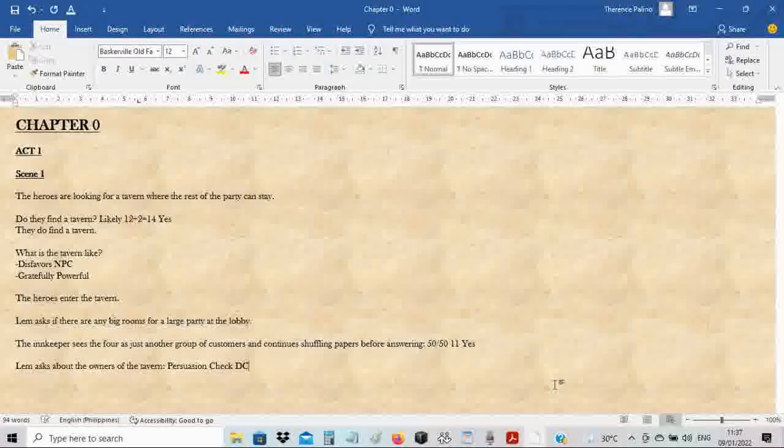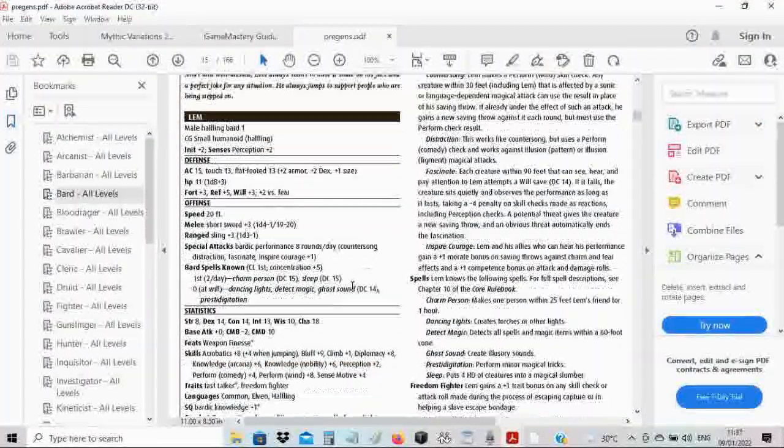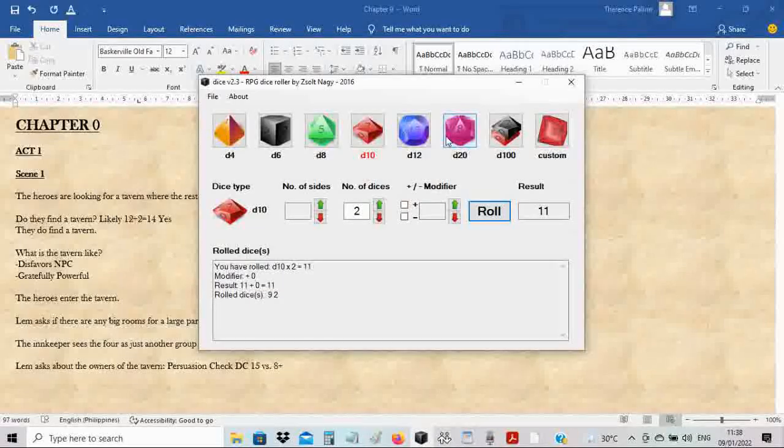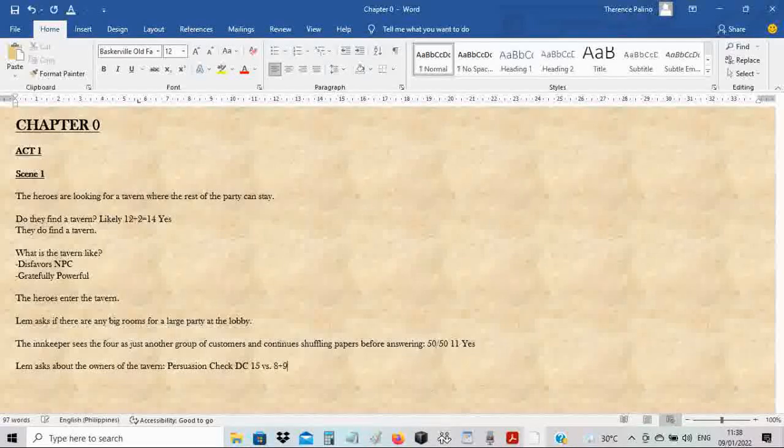So I'd go with a DC 15, because maybe the guy has something to hide. Let's see, his skill for diplomacy is +8. Let's roll a d20. 9. And that's 17, I believe. And it's a success.